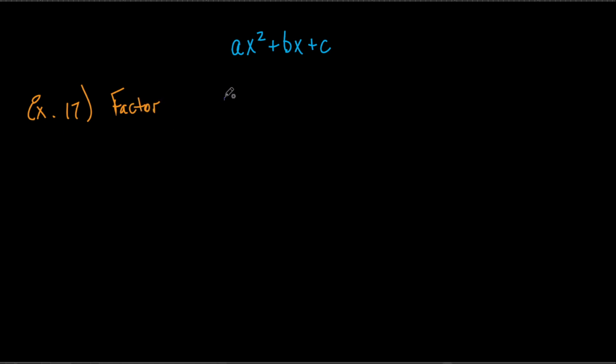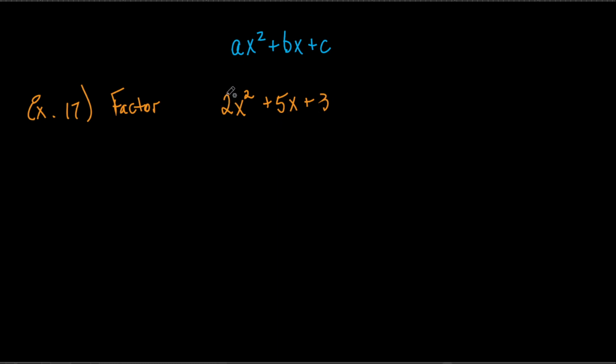So here it is. It's 2x squared plus 5x plus 3. Now, what we're going to do is this. If you remember before, we had some factoring problems where, when there was not a 2 here, you asked yourself, what two numbers multiply to be this one and add up to be this one in the middle?